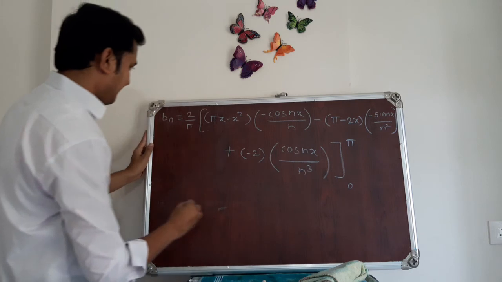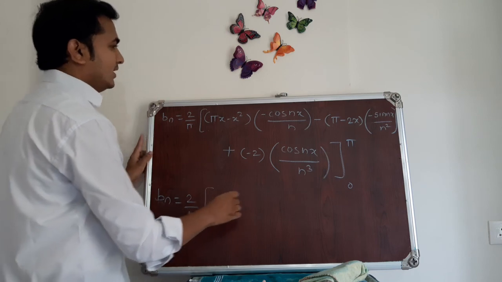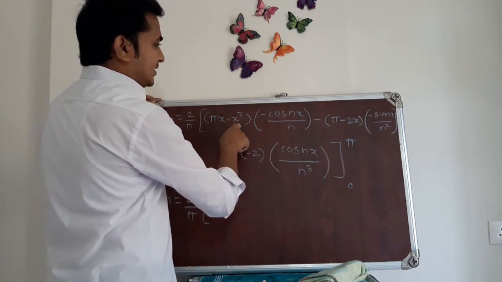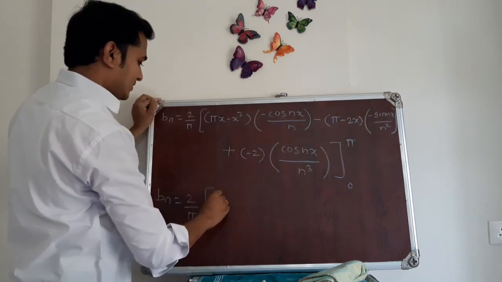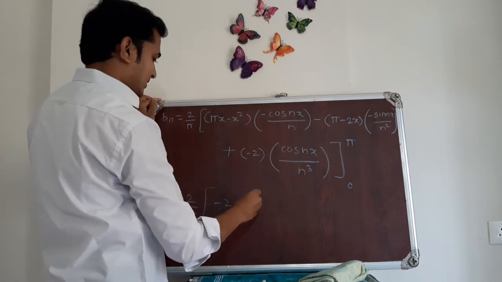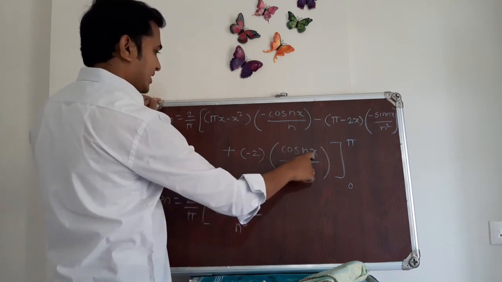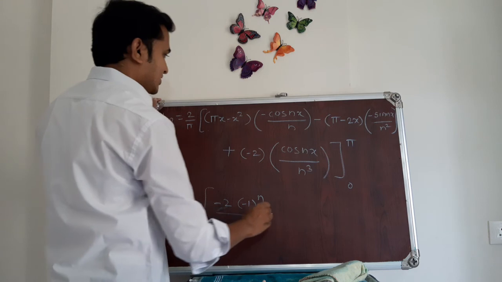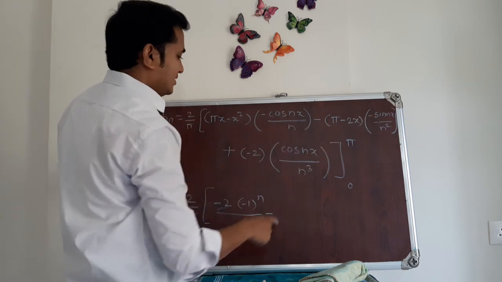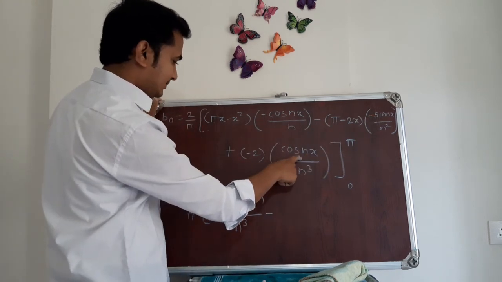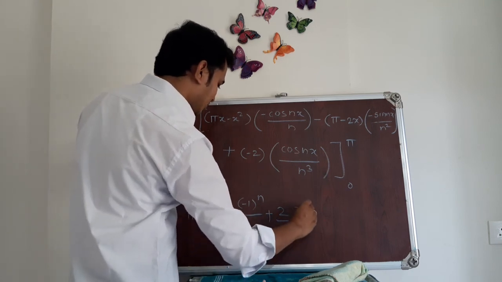Okay, so bn, if you put upper limit, it is 2 by pi, pi square minus pi square, this becomes 0, sine n pi is 0, so only this term will survive, so minus 2 into cos n pi, that is minus 1 raised to n upon n cube. Okay, cos n pi is minus 1 raised to n, minus lower limit, this is 0, sine 0 is 0 and cos 0 is 1, so minus minus become plus 2 upon n cube.